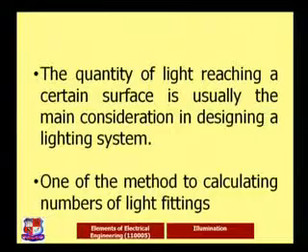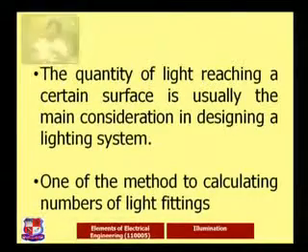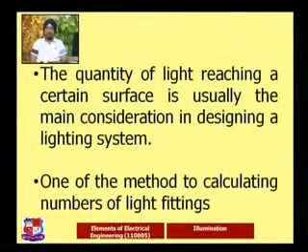Now the quantity of light reaching a certain surface is usually the main consideration in the design of a lighting scheme. If the light is not going to reach what we require, then that particular lighting scheme is useless. So it is very important how much light is going to reach that particular point.